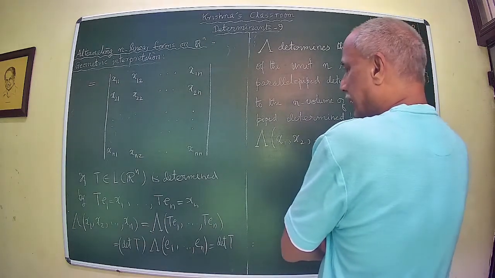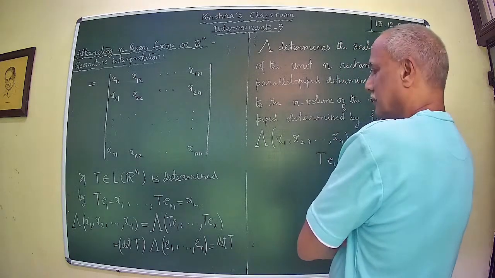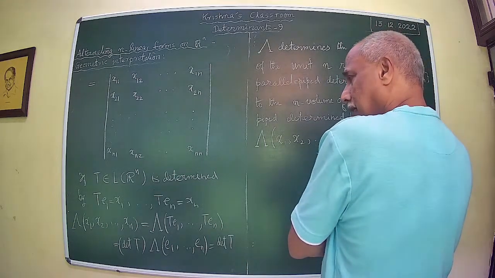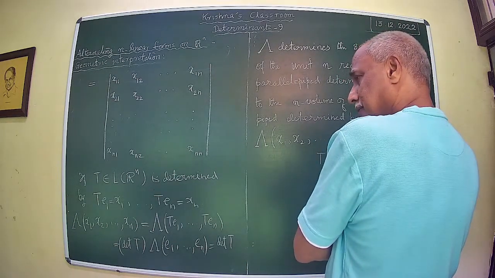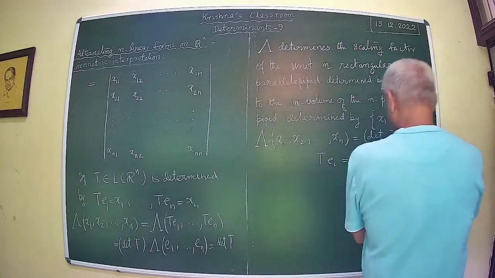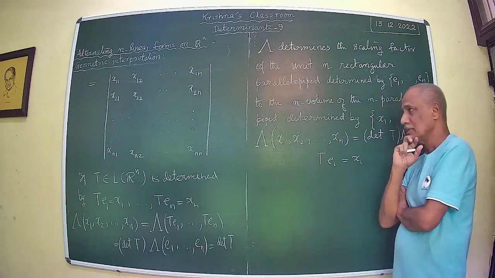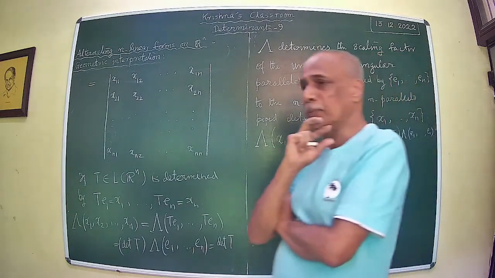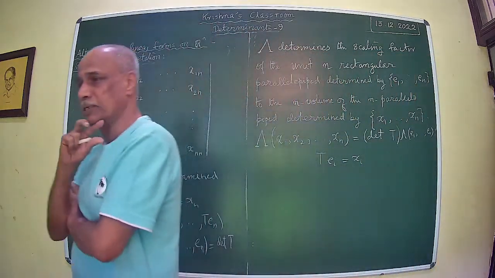That means this n parallelepiped collapses into a lower dimensional parallelepiped in n-dimensional space Rn. Okay, so that is the interpretation that you have. So when they are linearly independent, you get an n parallelepiped whose volume is not equal to 0. Okay, so that's the geometric interpretation that you can give.